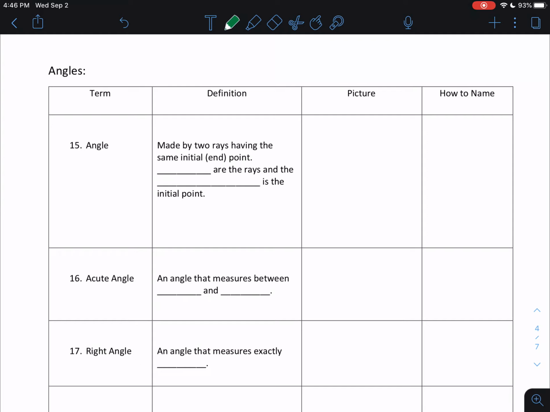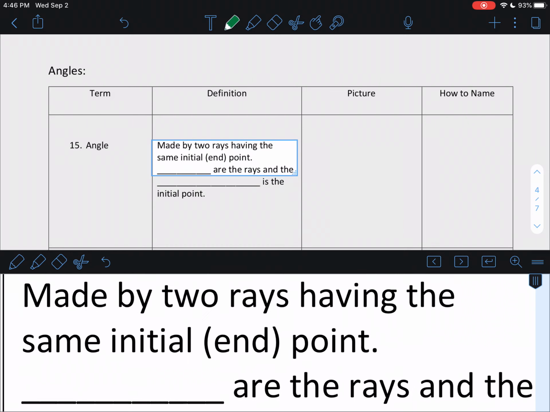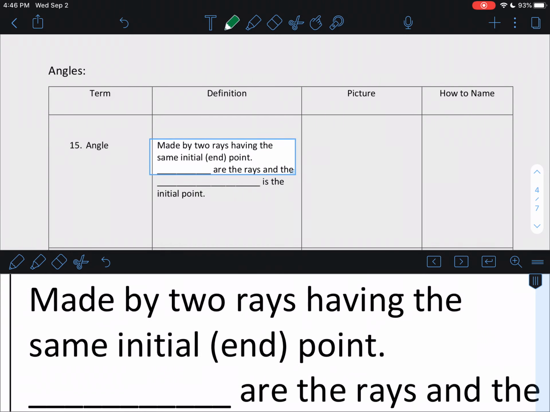Vocab word number 15 is angle. And you guys have heard the word angle before, but now we're using the geometric definition of angle. So an angle is made by 2 rays that have the same initial endpoint.